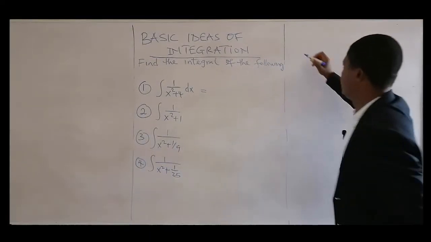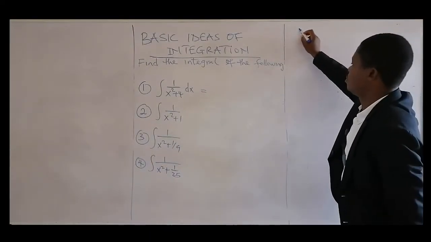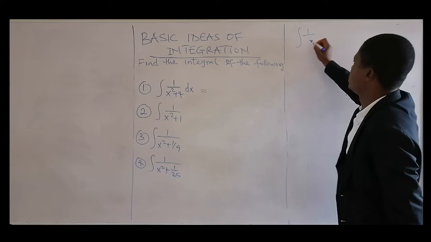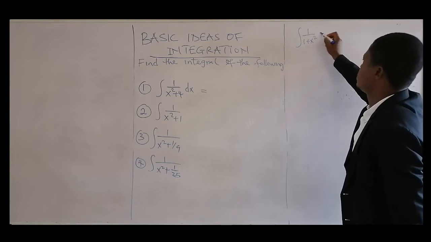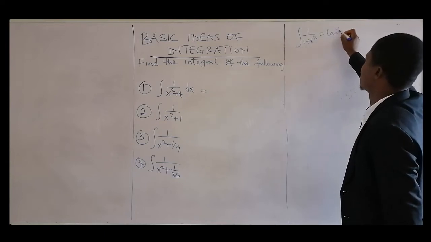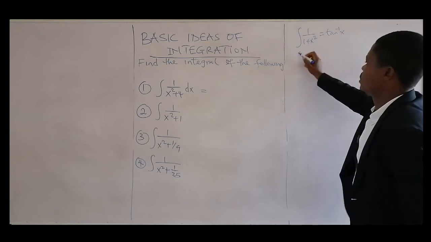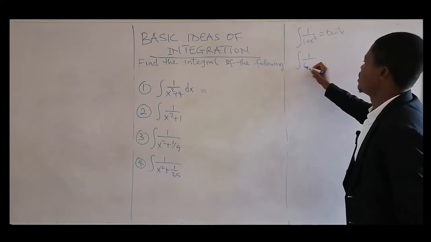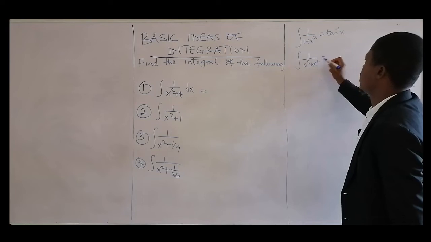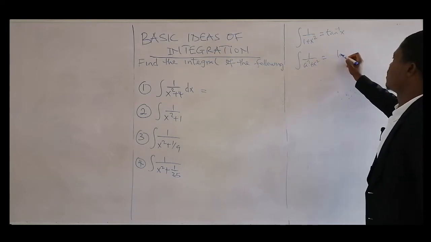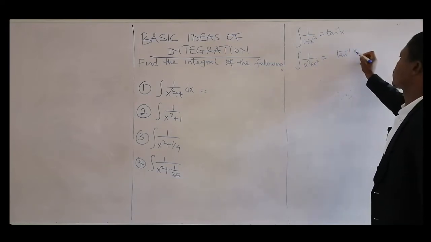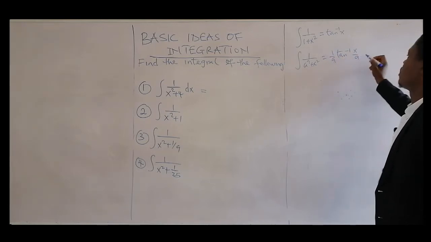We've already established our rules: we have 1 over 1 plus x squared, that will give you arctan x. Or if you're saying 1 over a squared plus x squared, that will be equal to what? Arctan of x over a, and then 1 over a, plus c.